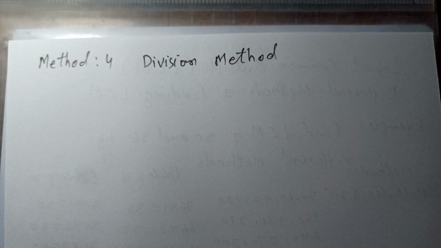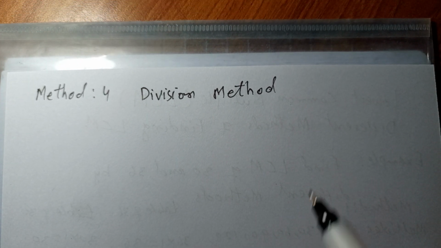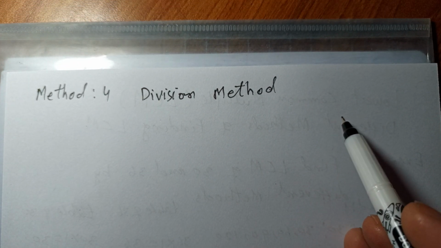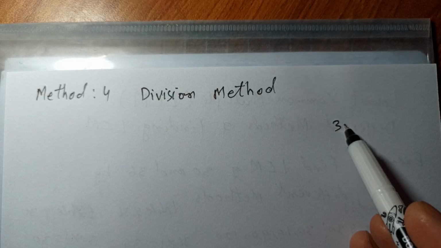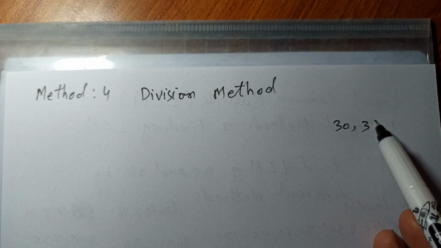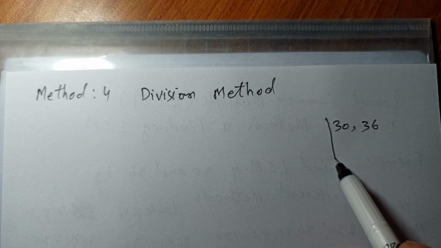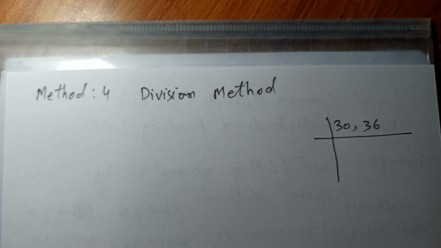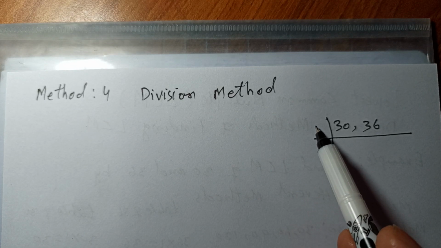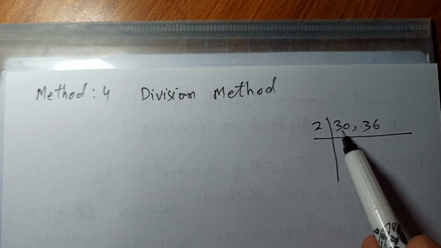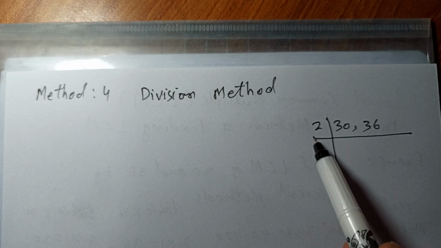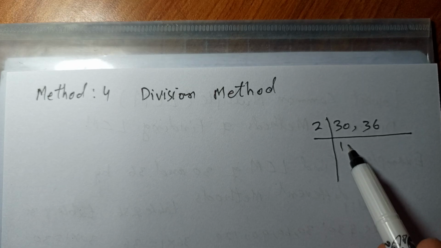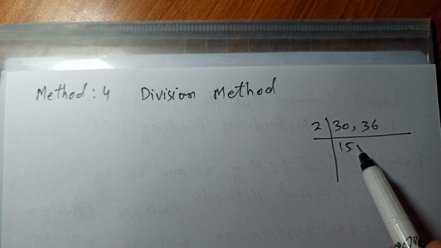Dear student, method 4 is the division method. With this method you will take our numbers. The numbers were 30 and 36. You will take a prime number that can divide both the numbers. So you can see that 2 can divide both. When 30 is divided by 2, you will get 15 as its answer, and the remainder will be 0.